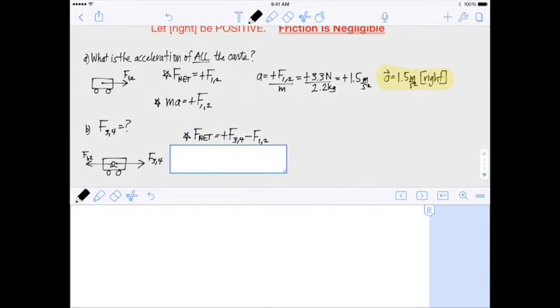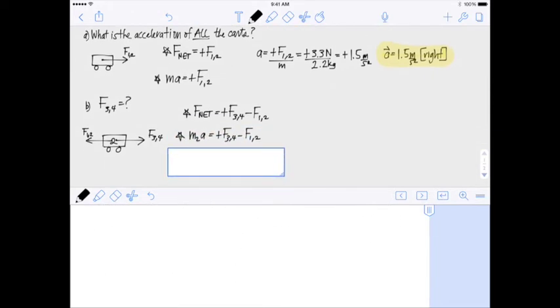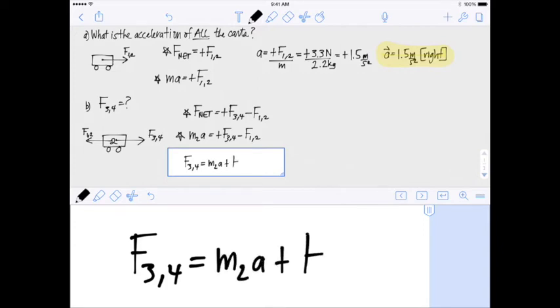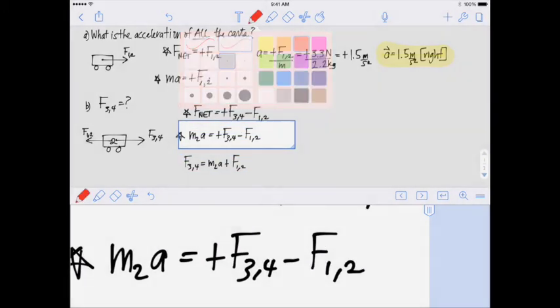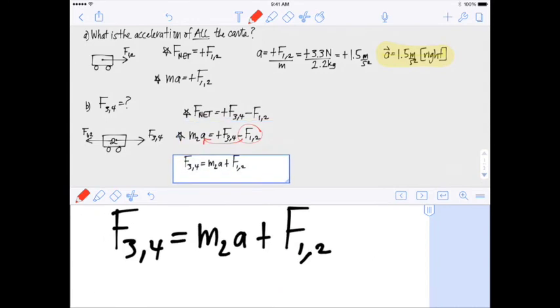The second step is to replace the net force with the expression M2A, and we can rearrange this for the force as read on sensors 3 and 4 is equal to M2A plus F1 and 2. Remembering that when we bring this term over the equal sign, its sign changes, and here we have it as positive.